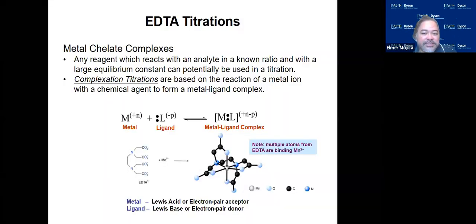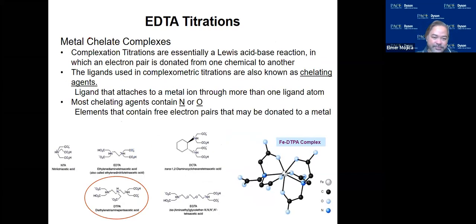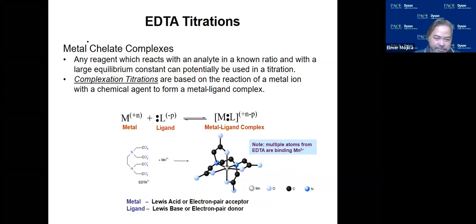Okay. So this is a complexometric concept. So metal chelate complexes. As you can see here, you know what the metal is. And you may ask yourself, what's a chelate?